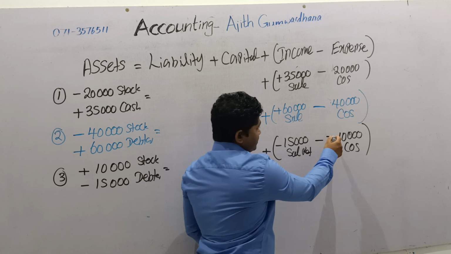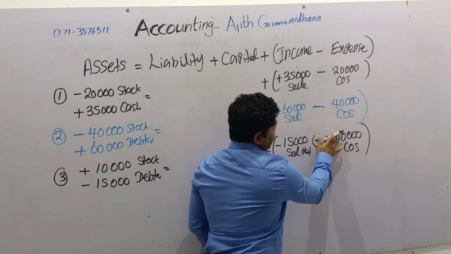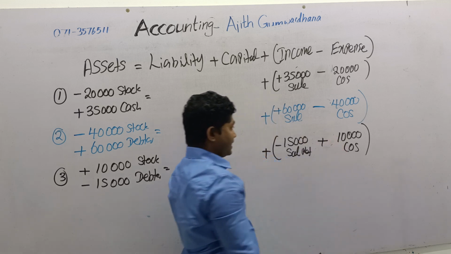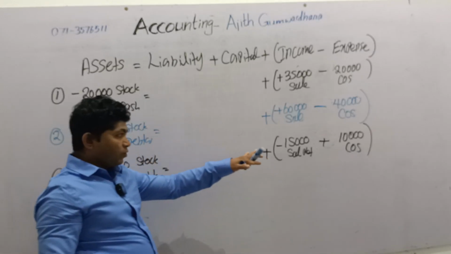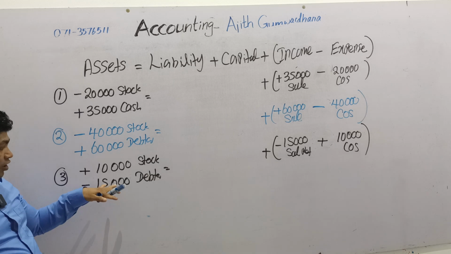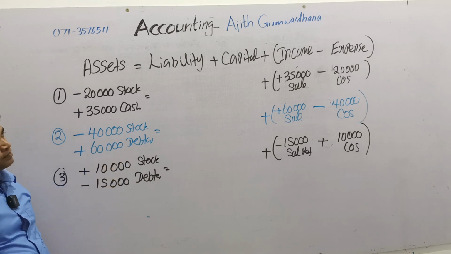Therefore, here think minus minus became plus. Therefore, here can be written plus value. Think about sales return: difference value cannot be recorded if it is given separately income and expense. The return of the goods sold on credit for 15,000, its cost value equal 10,000. Then given income and expense separately.